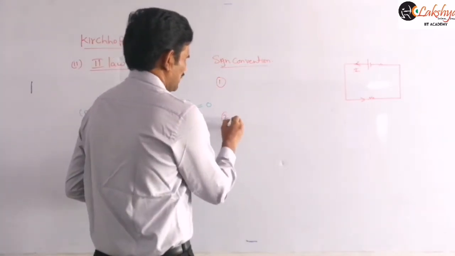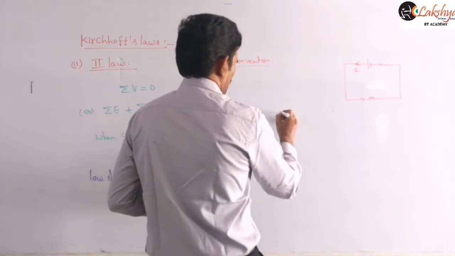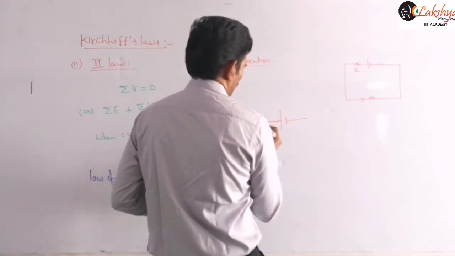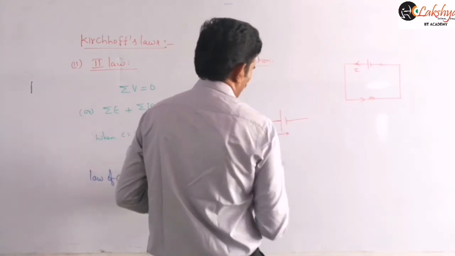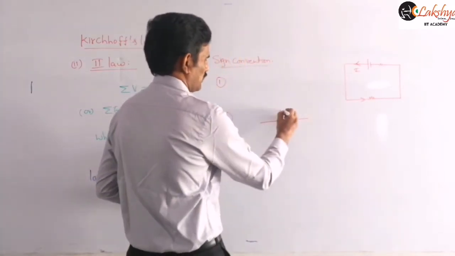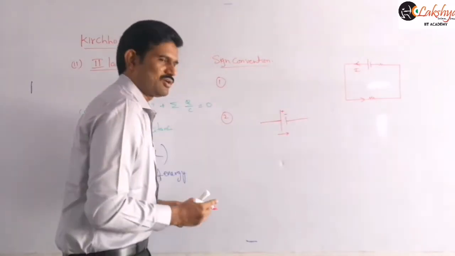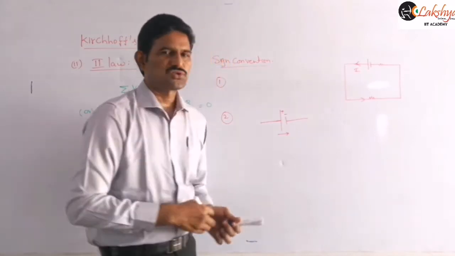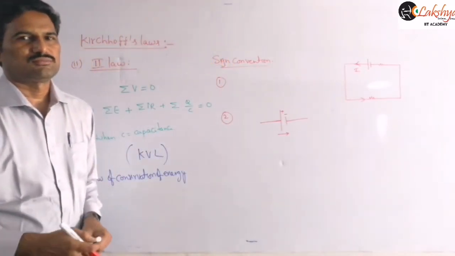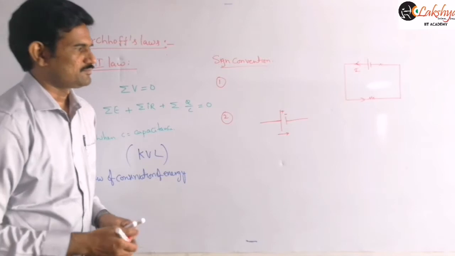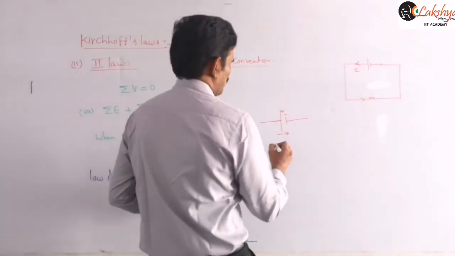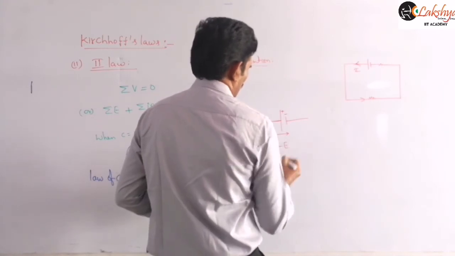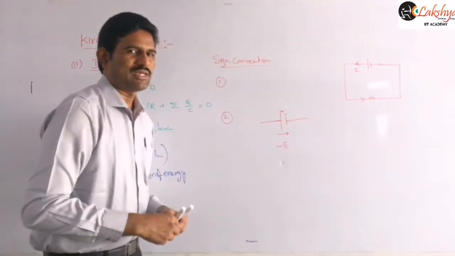In case of a cell, when you are traveling from the positive terminal to the negative terminal, then the EMF of the cell should be taken as negative.